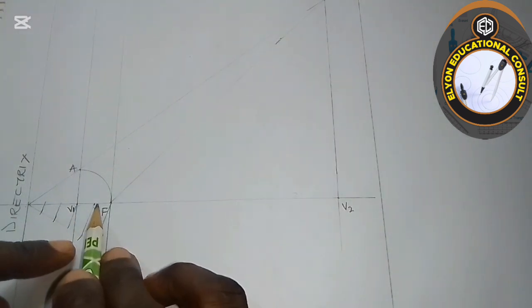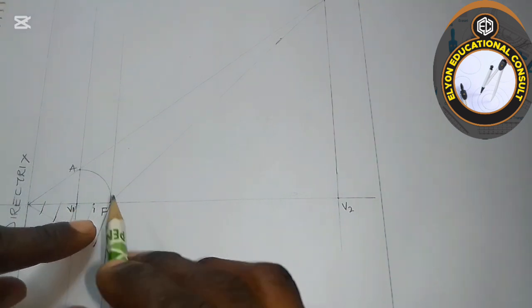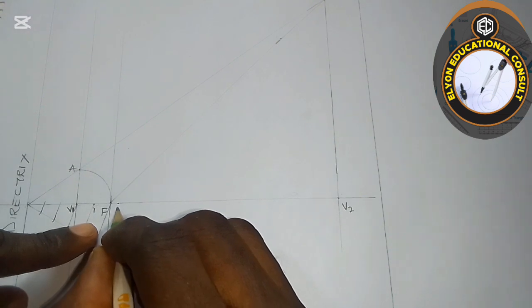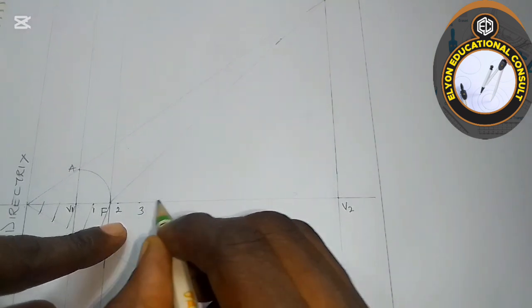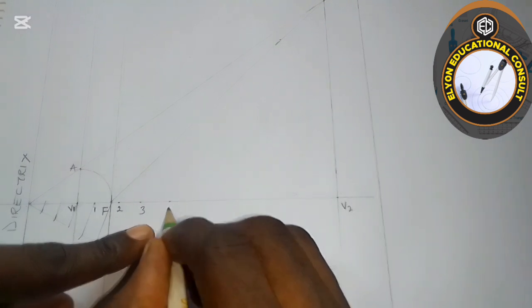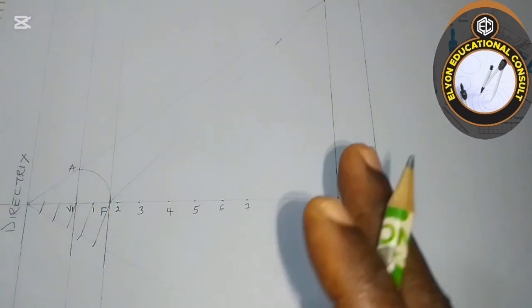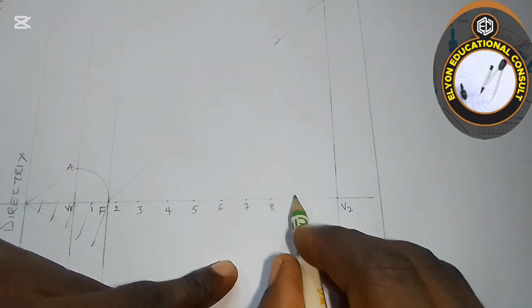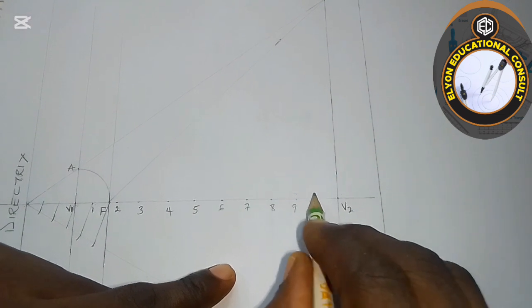This is 1, this is 2, this is my V2 now. I can just randomly do that. This is 2. Then have this as 3, this as 4, this as 7. It doesn't have to be equal. Then this as 8, this as 9, then this place as 10.